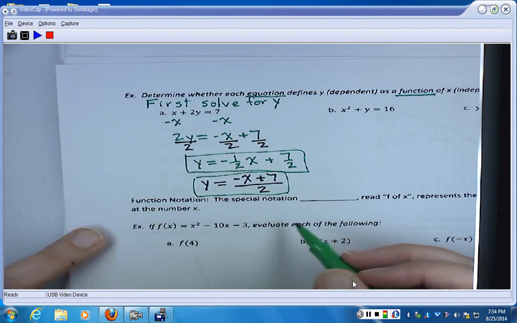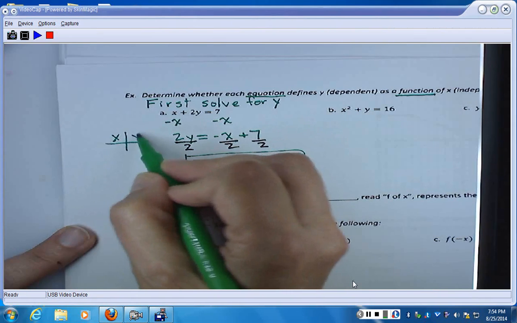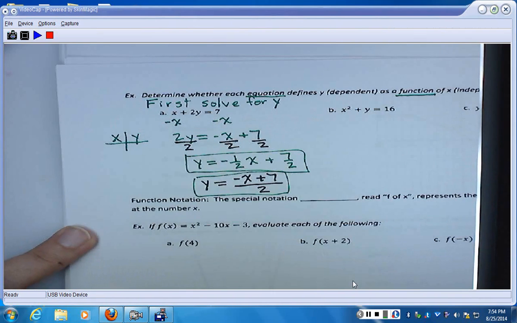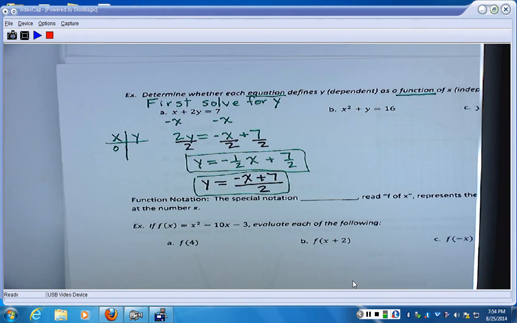Well, let's make a table and try to figure out, when you substitute for x, is there any way that you'll get two values? When you pick numbers for x and put it in, say you pick 0, is there any way that you're going to get two numbers for y?